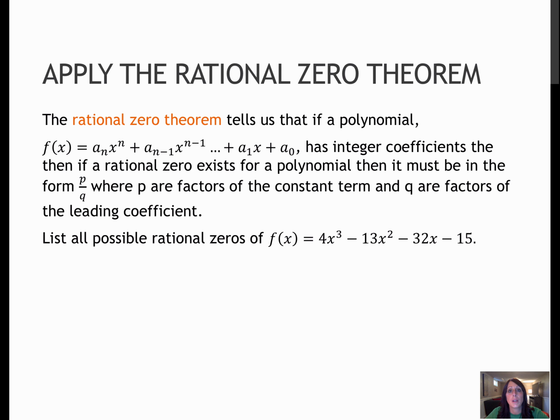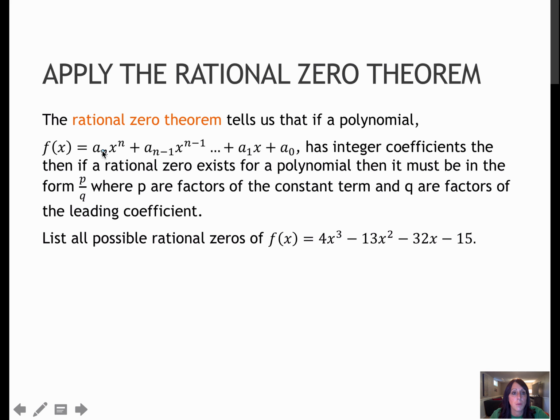Now, bear with me a little bit with all of the notation that's happening here. What this is saying is you have a polynomial function. This is a sub n, which means it's your first coefficient, and then x to the n. So let's say this is to the fifth degree.